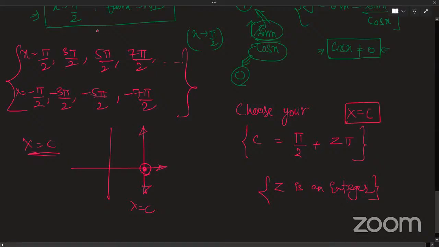You put this value of z, you get this value of c, you draw this line x is equal to c, and I can surely guarantee you that my line x is equal to c will be an asymptote to y is equal to tan x at that particular value.